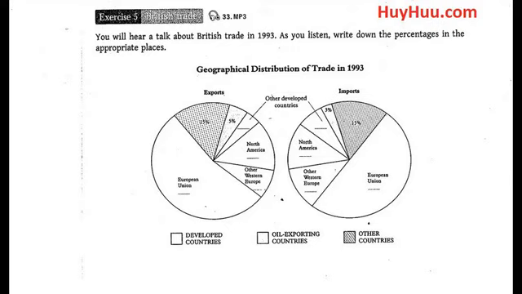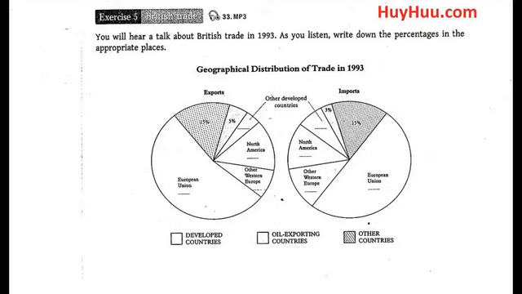You can see the European Union took a big proportion of Britain's exports trade in 1993. It accounted for 53%. And the other countries took 15%. Oil exporting countries took 5%, and other developed countries were 4%. North America took 14%, and other Western Europe countries took 8% of Britain's export trade in 1993.